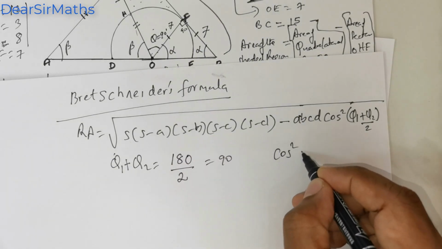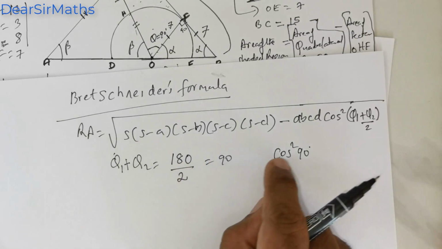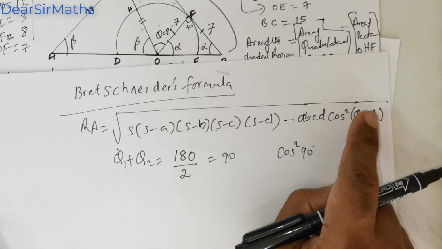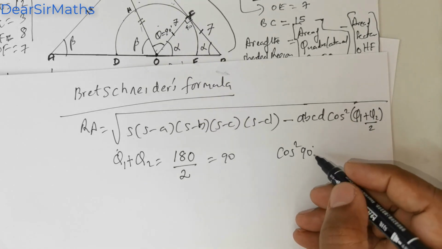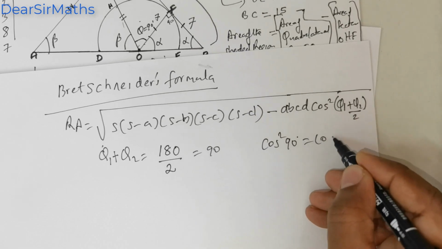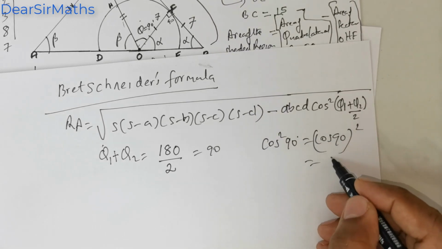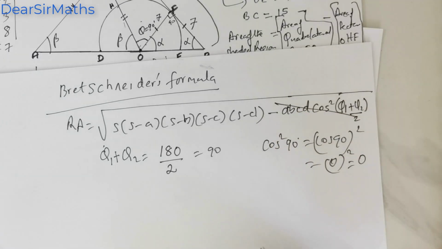So you have cos squared of 90 degrees. Now if you don't get 90 degrees, if you get some other angle, then there is a different way to solve this, but in this case it's too simple. Cos squared of 90 is nothing but cos of 90 raised to the power of 2. Cos 90, what is cos 90? 0. So this term vanishes completely.